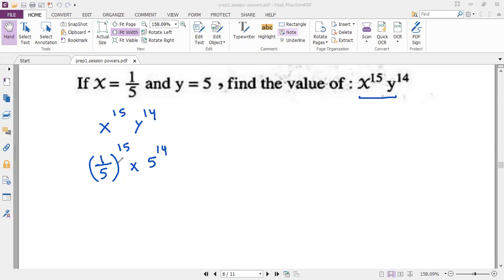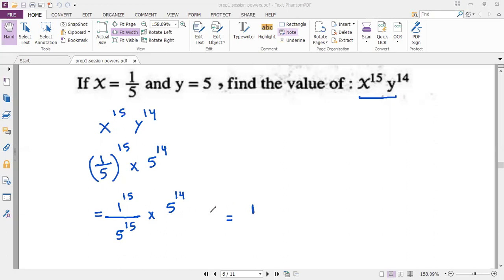1 over 5 to the power of 15 equals 1 to the power of 15 (distribute the power on the top and the bottom) over 5 to the power of 15, times 5 to the power of 14. So 1 to the power of 15 equals 1.